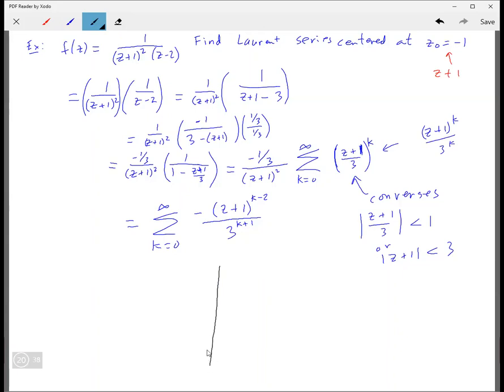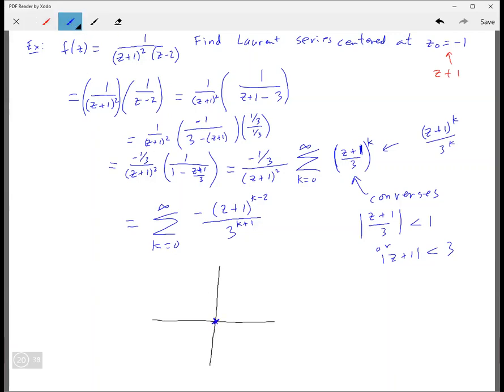But if you add the other part in, it's not going to converge at the origin.